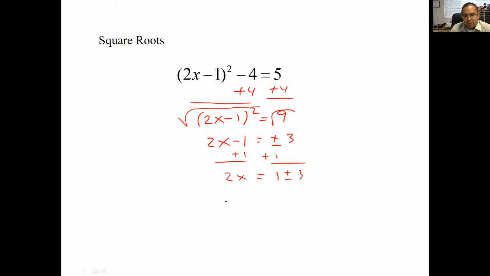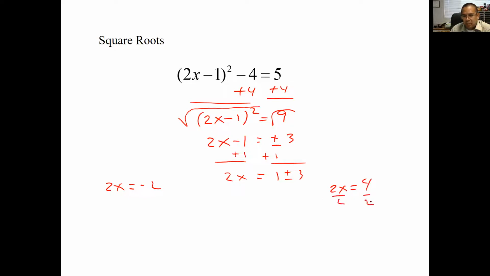So if we split this up, we would have 2x equals, what's 1 minus 3? Negative 2. So we have 2x equals negative 2, or we would have 2x equals 1 plus 3, which is 4.